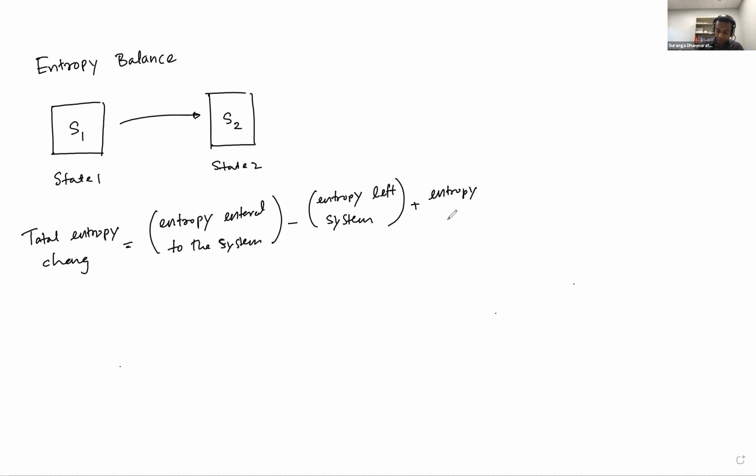Entropy generated within the system, right? Entropy generated within the system. This is the entropy balance equation in words.